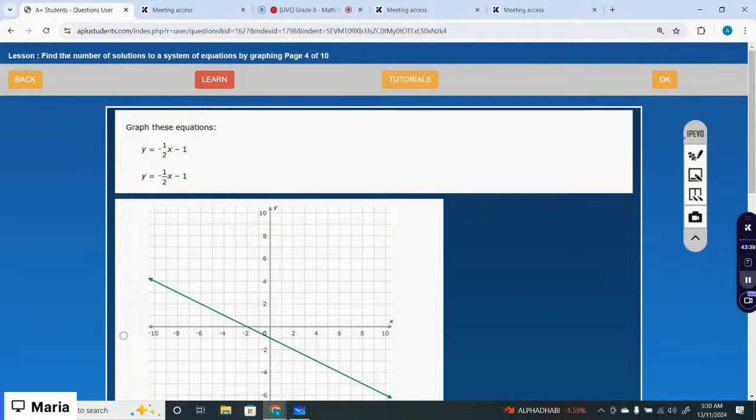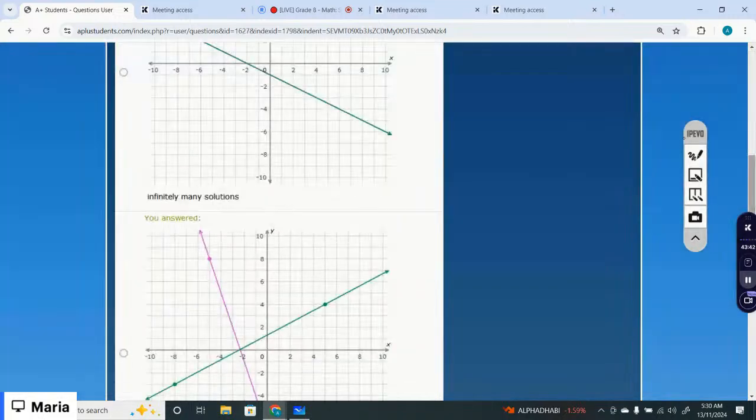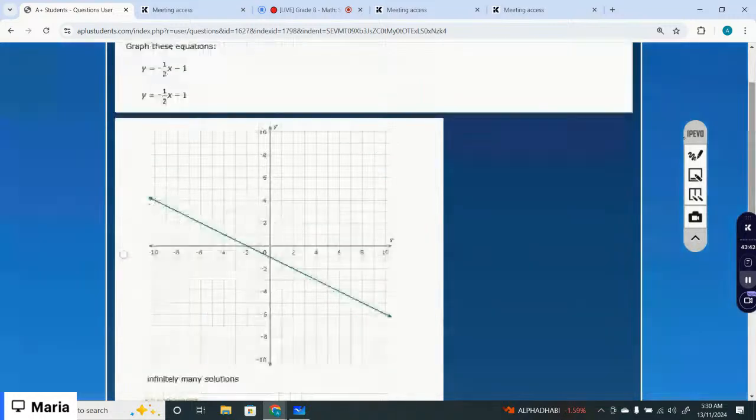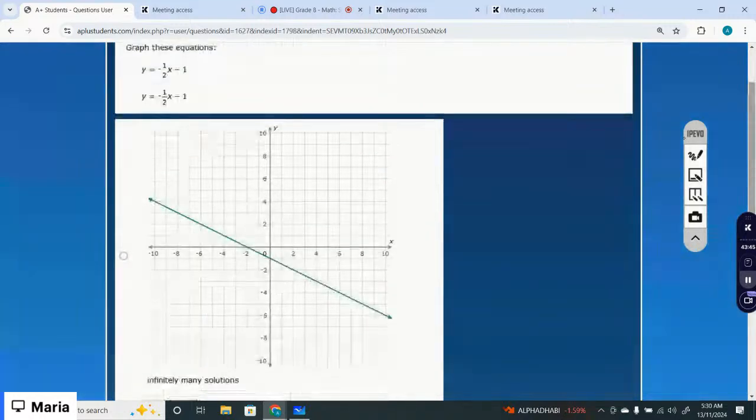Graph these equations. Which is the correct option? You can see both the equations are exactly same. The first is y equals negative 1 over 2x minus 1, and the second equation is y equals negative 1 over 2x minus 1. Both the equations are exactly same.